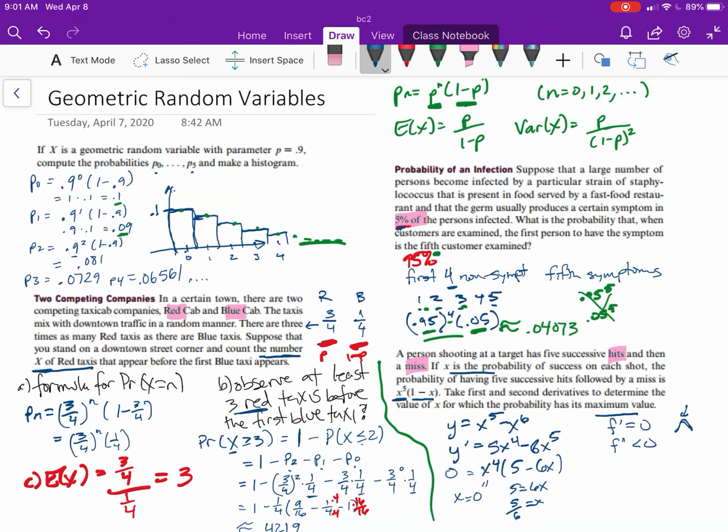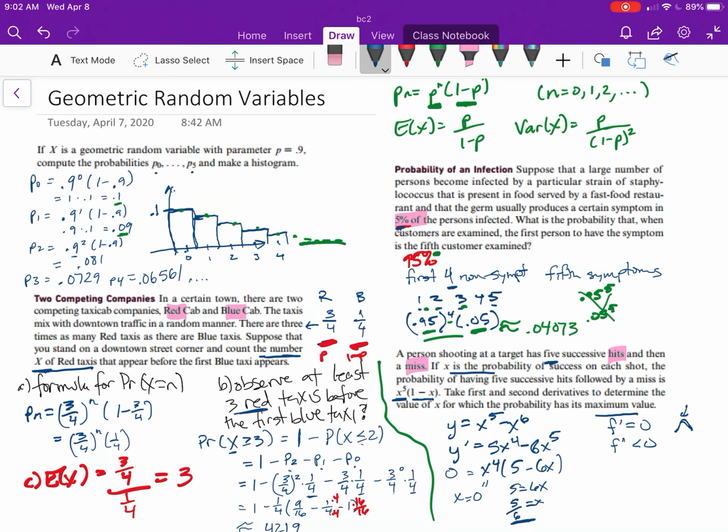Right, 5, and then I divide by 6 on both sides. I was looking at that, I'm like, 6 over 5 probability, that doesn't make sense. It's over 1. Okay, so more than likely that is going to be a max. The probability of the success is 5 out of 6, which kind of makes sense because they just said 5 successive and then a miss, so 5 out of 6 would hit.